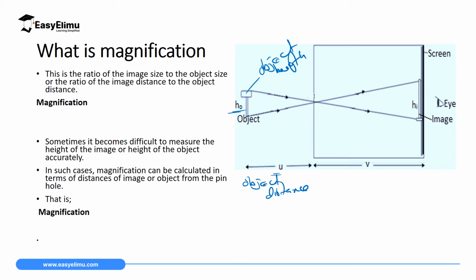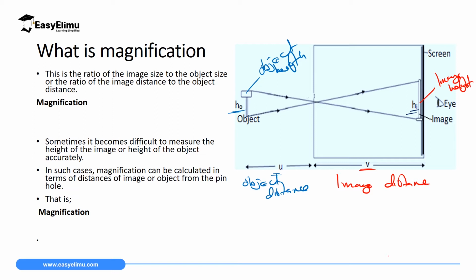Then it forms an image on the screen of height HI, which we call the image height or the image size. Then this image is formed at some distance V away from the pinhole, and this distance we call image distance.